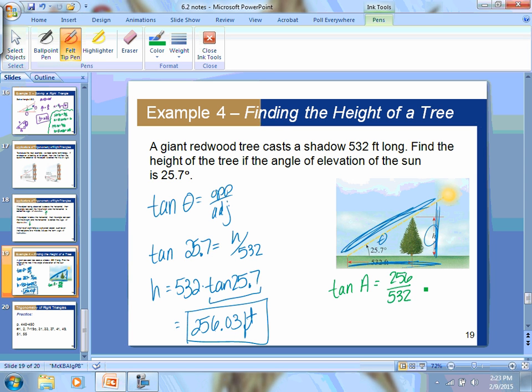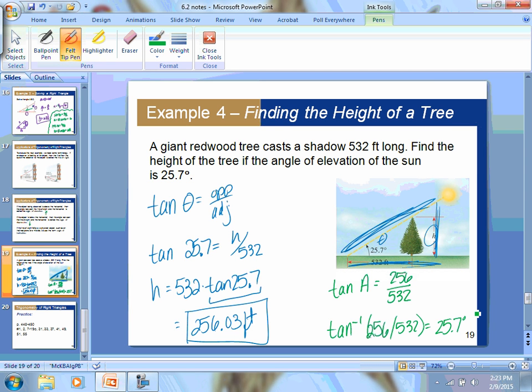So when you're trying to find an angle measurement, remember this is where in your calculator you have to do the tangent to the -1 and then do the 256 divided by 532. And that should get you the 25.7 degrees.